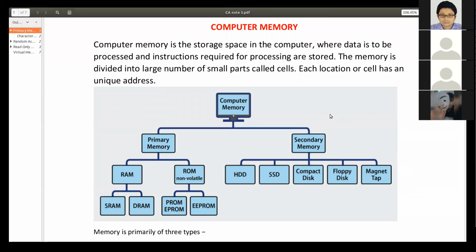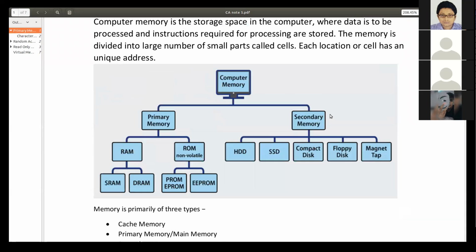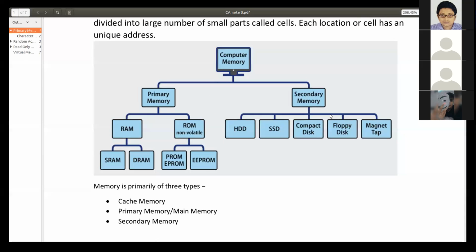Now, apart from primary memory and secondary memory, there are several other types of memories present. In some books you will find auxiliary memory.